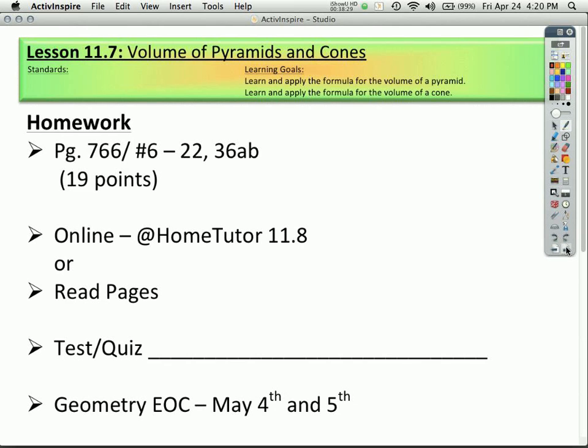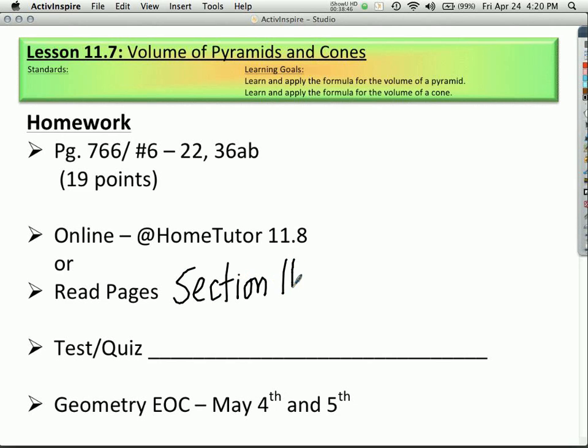And then do the at-home tutor for 11.8, and the pages for section 11.8. I apologize for not having the pages. And your EOC is a little over a week away.